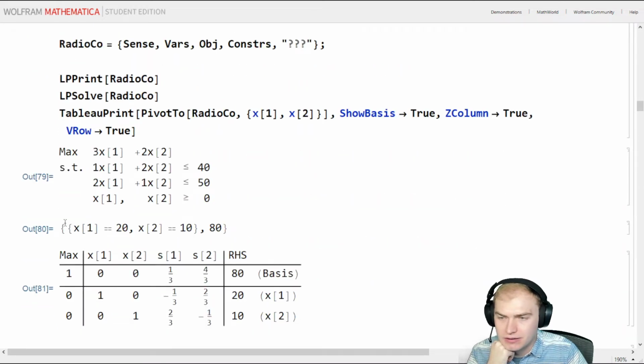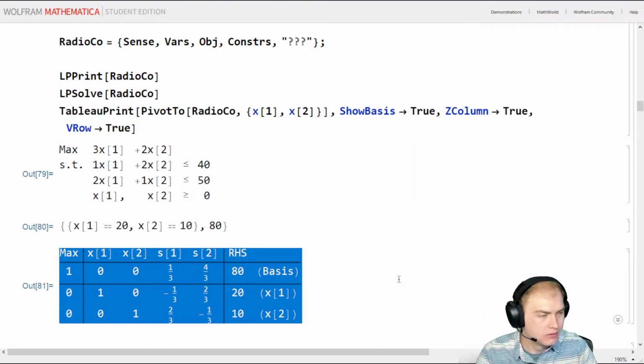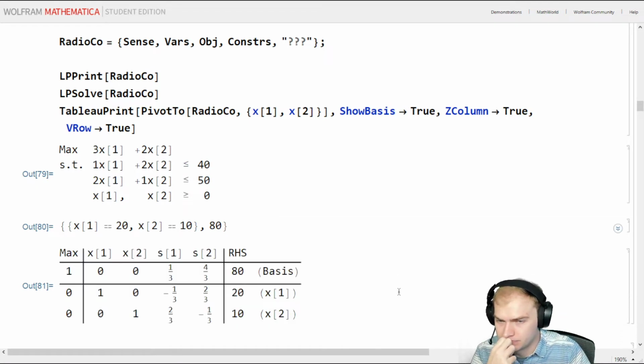I did solve it and put it in the optimal basis so that we can look at it. So the question is, for what price of radio 1 is this still optimal?